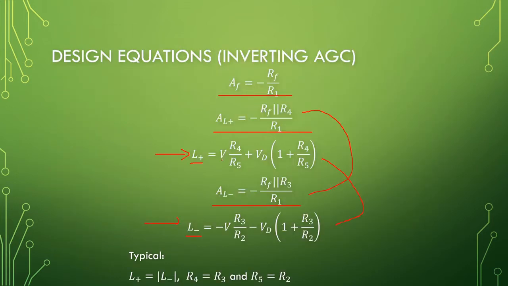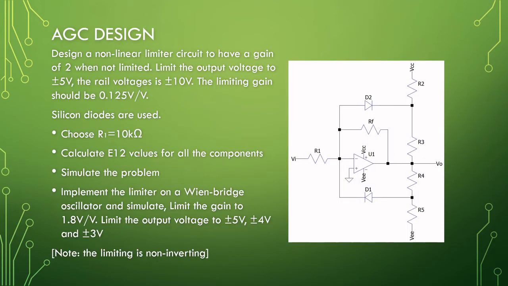Looking at this equation, this plus and minus V is the rails, and VD is the diode on voltage. Limiting plus and minus is where you want your output to be stabilized. So the limiting gain should be 0.125 volts per volt.